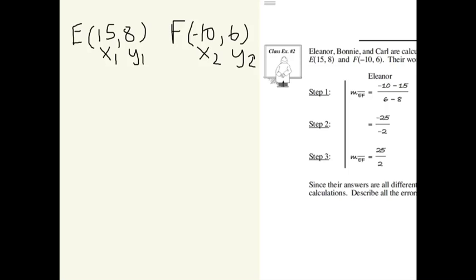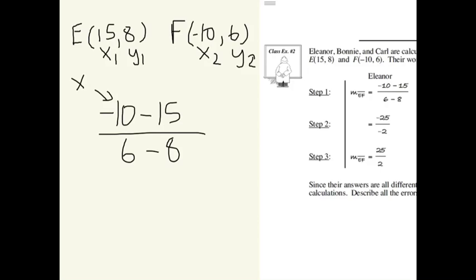Let's take a look at Eleanor's work. We have negative 10 minus 15 all over 6 minus 8. Now negative 10, as you can see up there, that's going to be our x2. The 15 right here is going to be our x1. Our 6 is your y2, and your 8 is your y1.